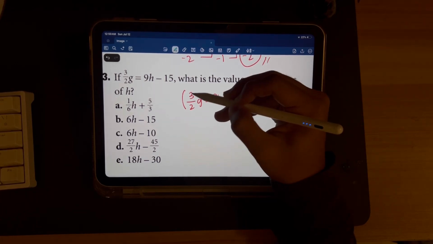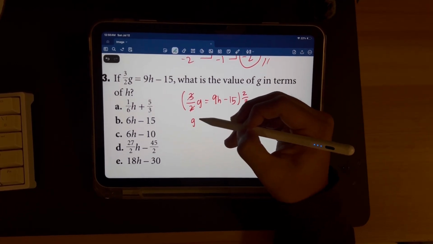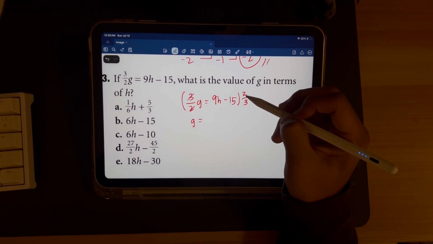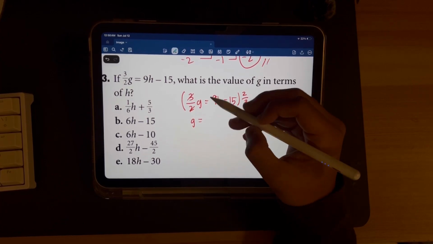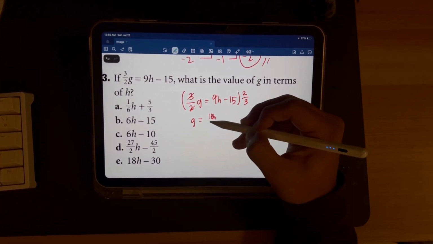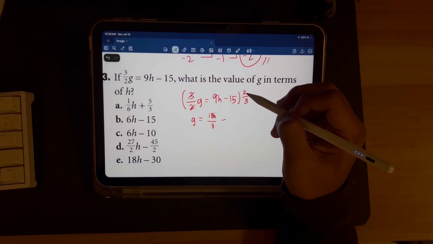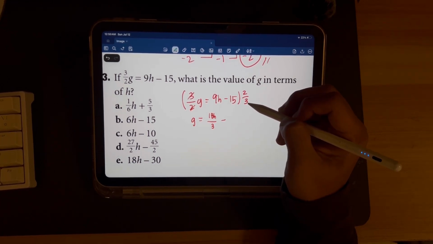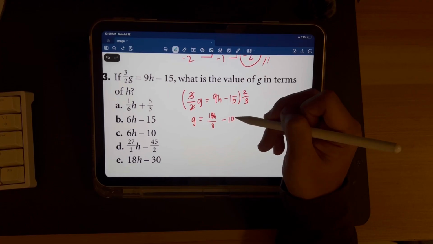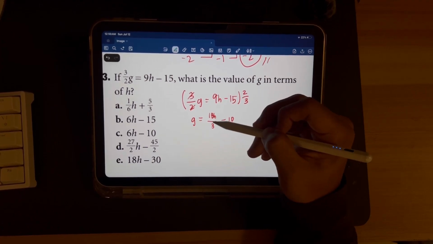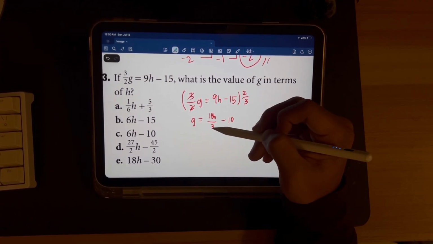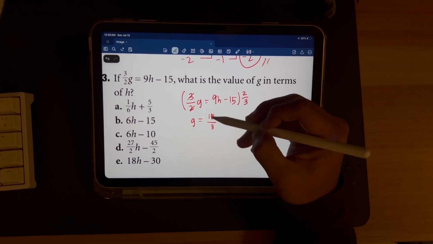Now 2 over 3, this will be cancelled. g is equal to 9h multiplied by 2 over 3 minus 15 multiplied by 2 over 3. That will become 18h over 3 minus 30 divided by 3, that will be 10. We can further simplify this by dividing both the values.